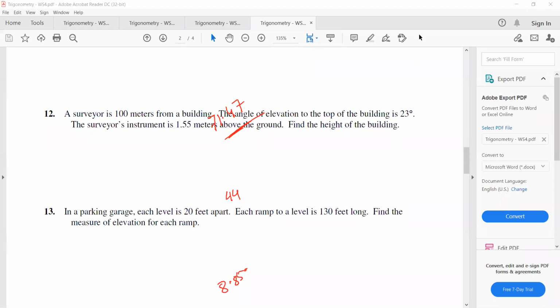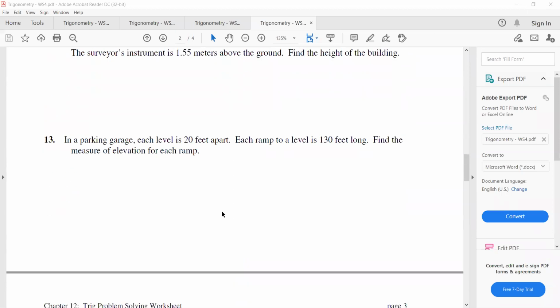Let me draw it. Suppose this is a multi-level garage. This is the first level, this is the second level, this is the third level. There are different parkings here. And this height is 20 feet, 20 feet, 20 feet.